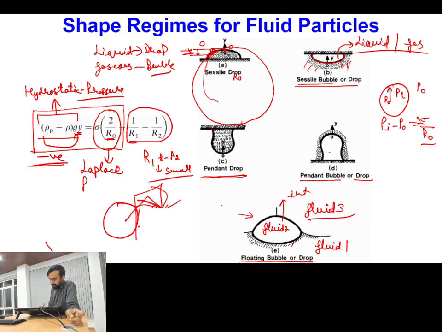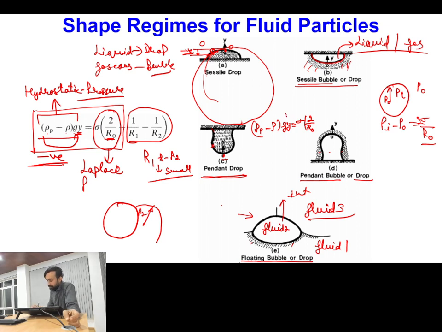You can see the pendant shape over here. My reference point is here at the bottom point. In this case, at this point my radius is R naught. So (rho p minus rho) times g times y is equal to sigma times 2 by R naught, balanced at this point. But when I go away from this point, say I am at this location, what will happen? There will be a new radius of curvature and my y will also be positive.